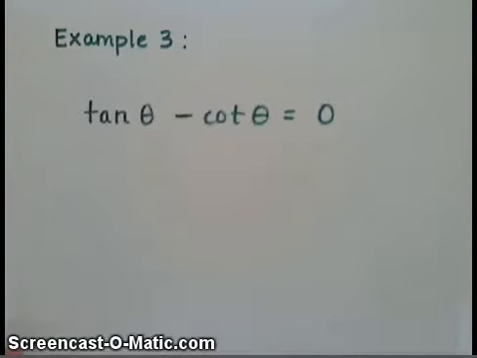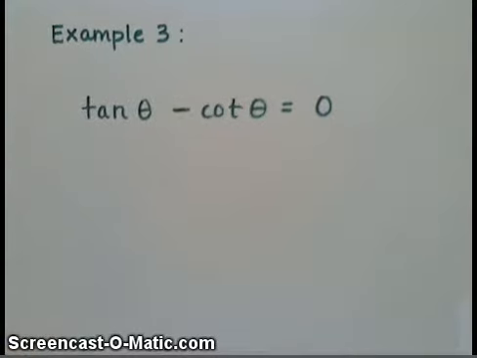When we're looking at something like this, we just kind of have to use trial and error. If we put them on different sides, we get tangent equals cotangent. If we square them, we get tangent squared equals cotangent squared, which is unfortunate because they don't have an identity that relates to them.